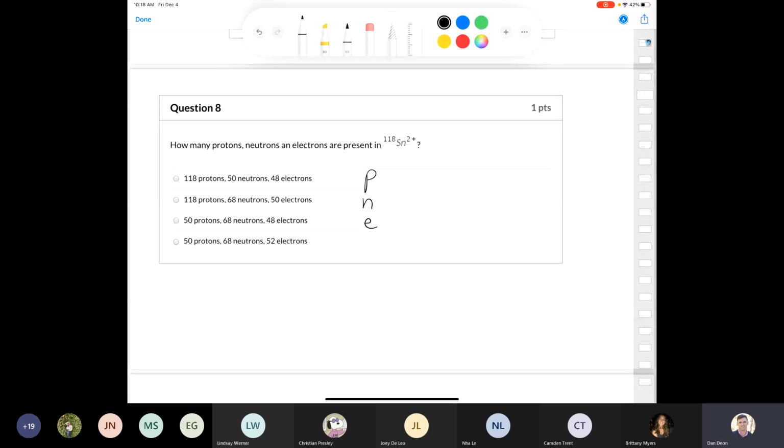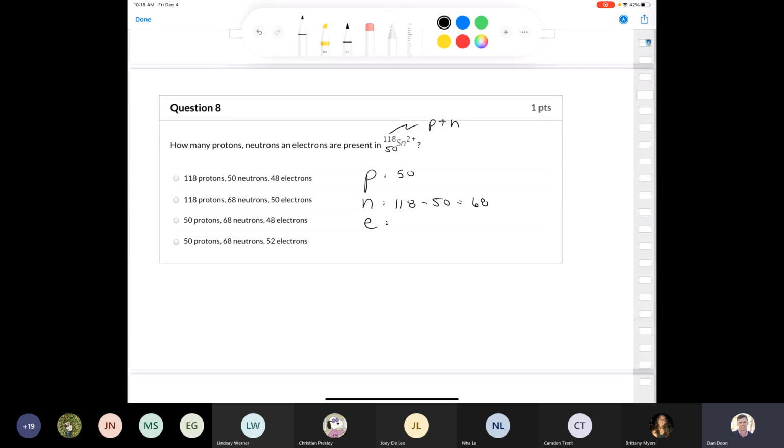All right, well, tin, if you look on the periodic table, tin is element number 50. And so it must have 50 protons. Remember that mass number is the sum of protons and neutrons. So that means the number of neutrons is going to be 118 minus 50, which equals 68.